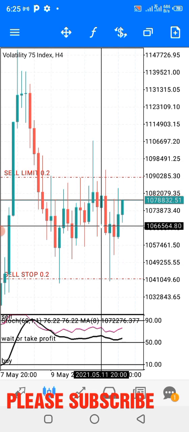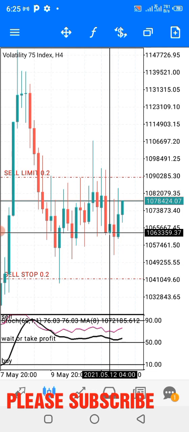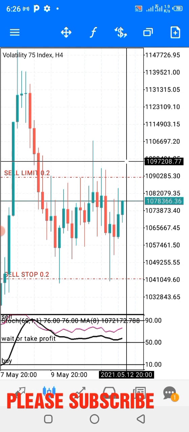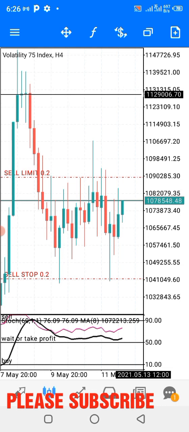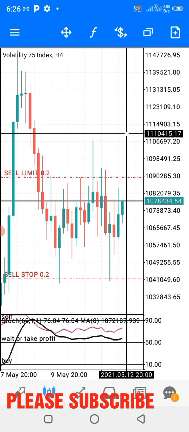In fact, I would say it is on a yearly uptrend, because as of last year it was less than $900,000. Today you can see this is 1 million plus. If you check, it's a very volatile asset.